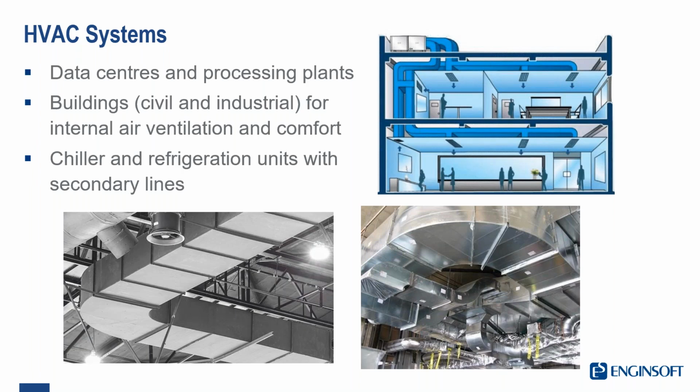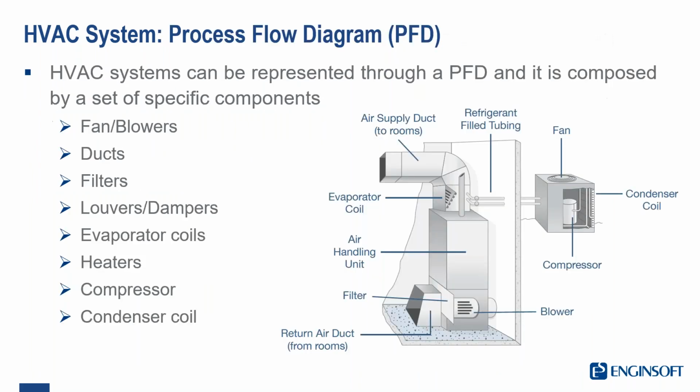So what are the main components of an HVAC system? Usually the system is represented through a process flow diagram, a PFD, and it's composed of a set of typical components. So there are fans or blowers, ducts, mainly rectangular but could also be circular ducts, filters, louvers and dampers to allow the regulation of the mass flow in the different channels.